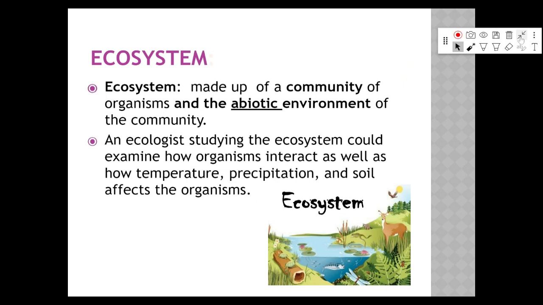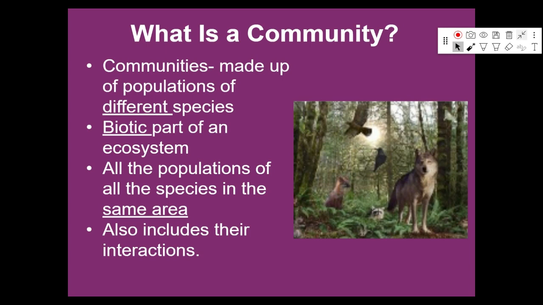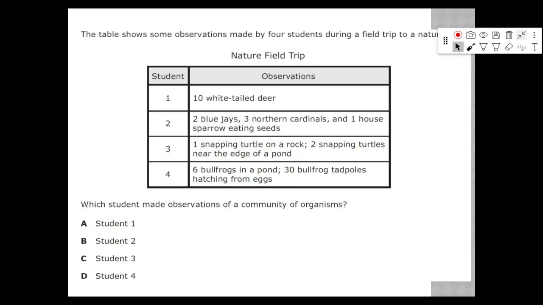All right. Now let's talk about ecosystem in a little more detail. So, an ecosystem is made up of a community of organisms and the abiotic environment of the community. So, remember, y'all, what we saw just a little while ago is a community, right? These are all the living things in one area, different species living in one area, right? So, all the living things, all the biotic parts.